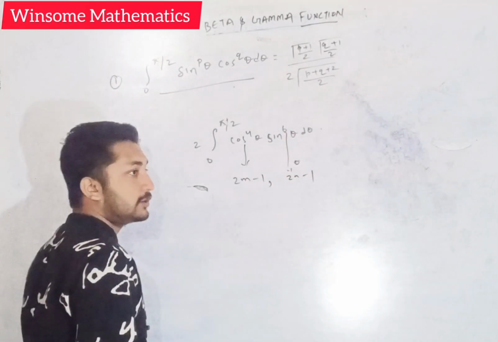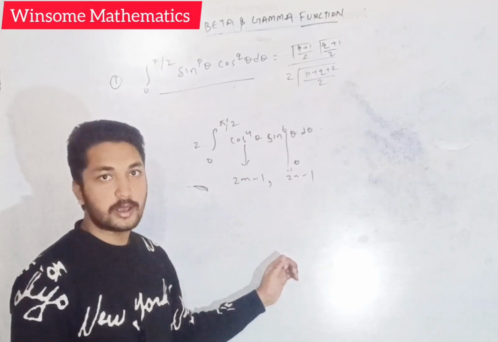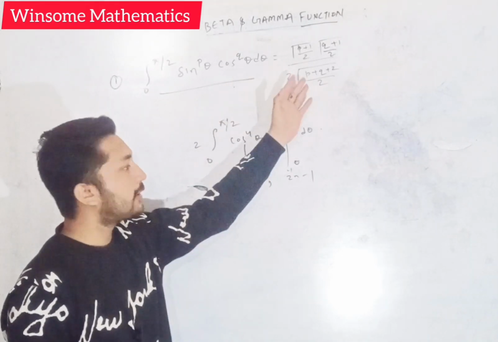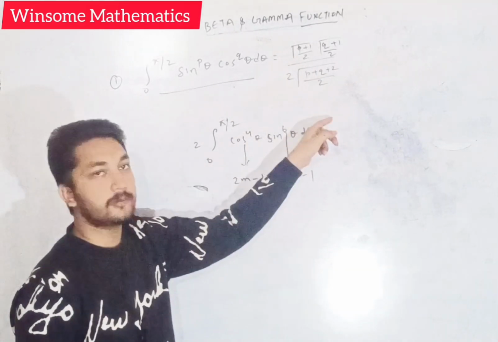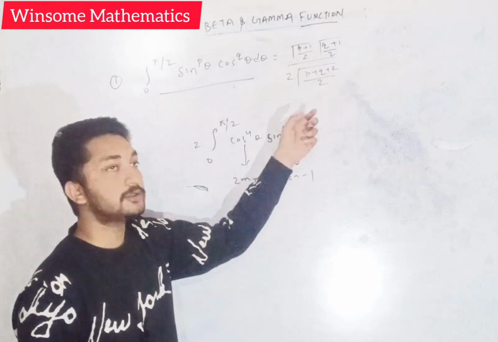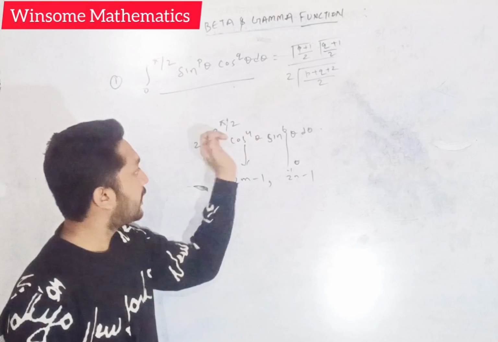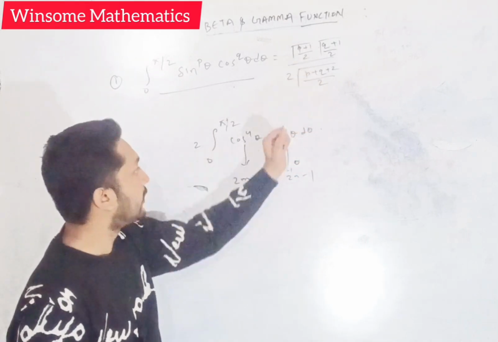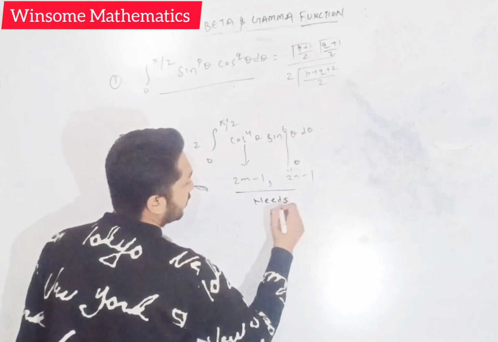Just to remove this obstacle, we need to derive this formula. We can simply write 4 plus 1 by 2, 6 plus 1 by 2, and 4 plus 6 plus 2 upon 2. This is more convenient, so this is mandatory, and we must prove it. So the need is very clear.